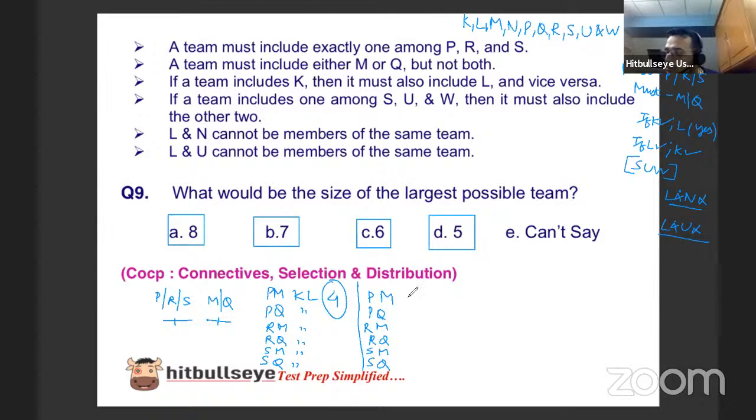UW, we'll try to put SUW here. Sorry, P or R, my bad. UW will come, because one of the P, R, S is already coming.